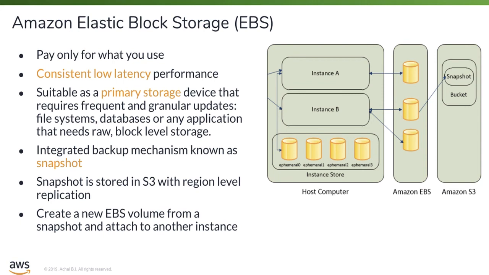If you want to replicate a snapshot, you have to go to S3 level and copy the data into a different region, and use a snapshot to create the volume again. So basically you can create an EBS volume from snapshots and attach it to another instance.